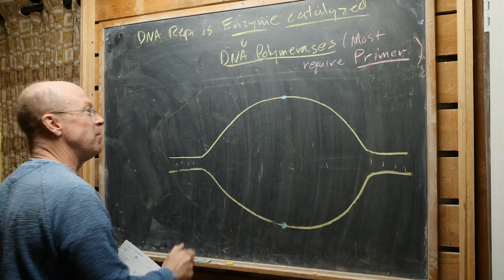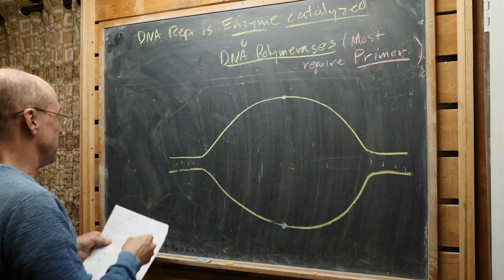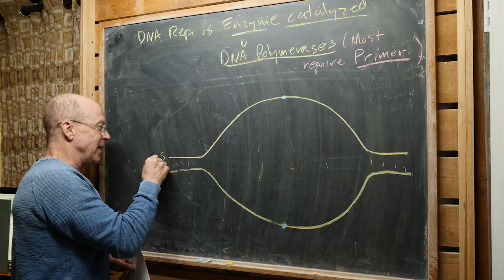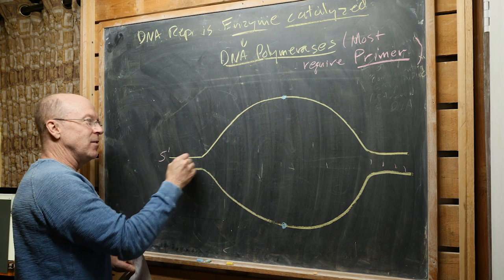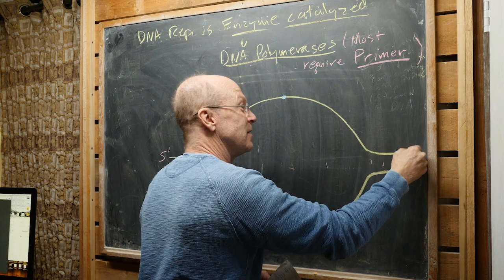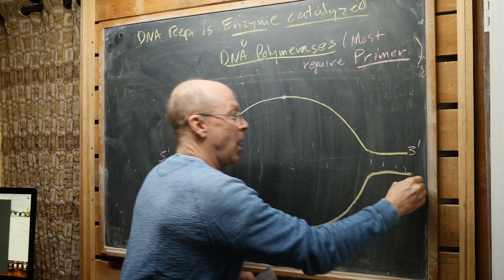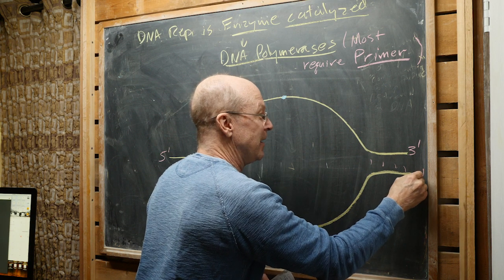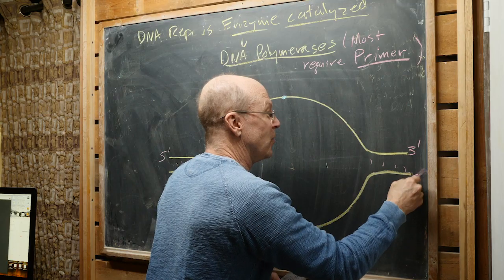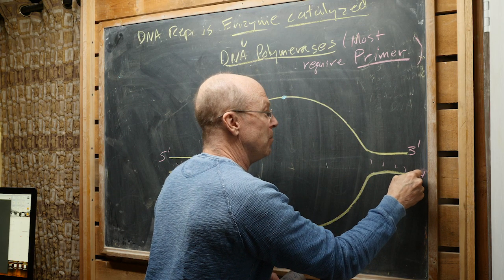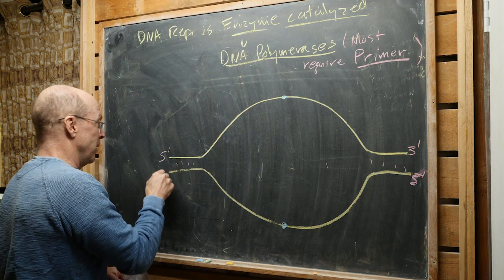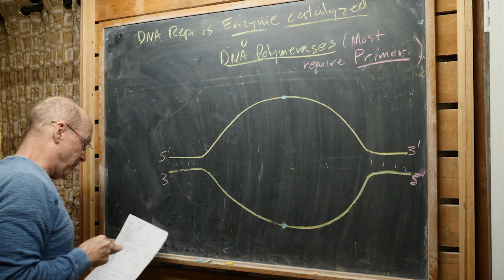So this is what we saw before. Now we're going to put some real story together. This is the 5' end of this strand, so therefore this is the 3' end. It's complementary, so this is anti-parallel. So this is the 5' of the lower strand on the board, and this is the 3'.